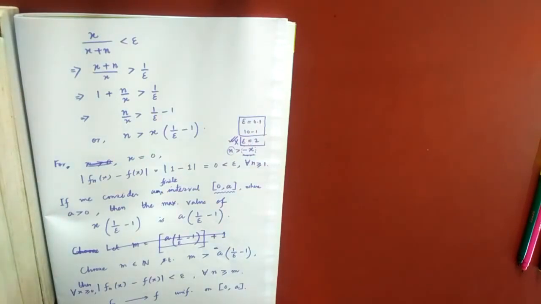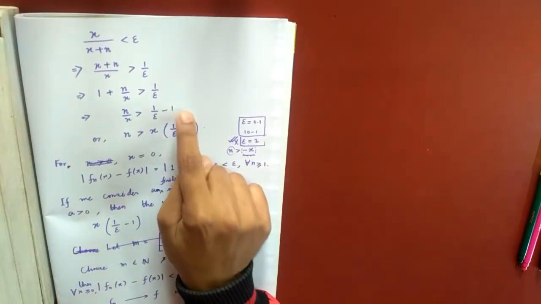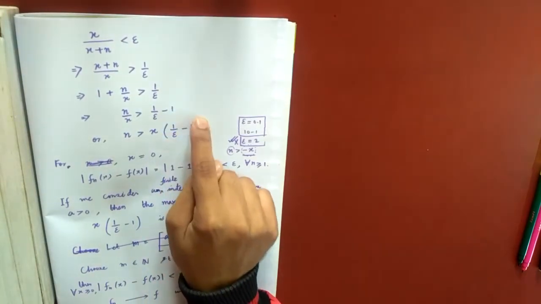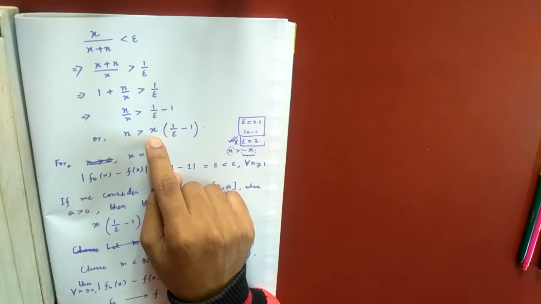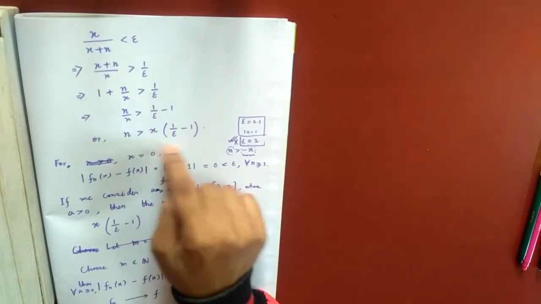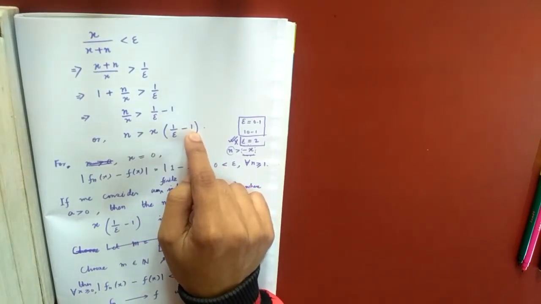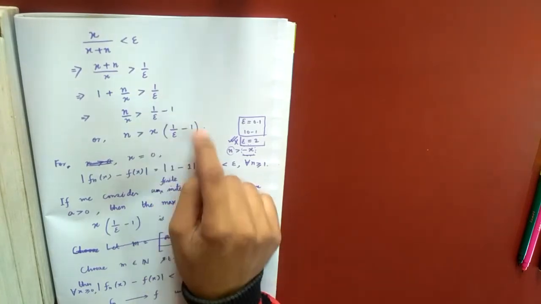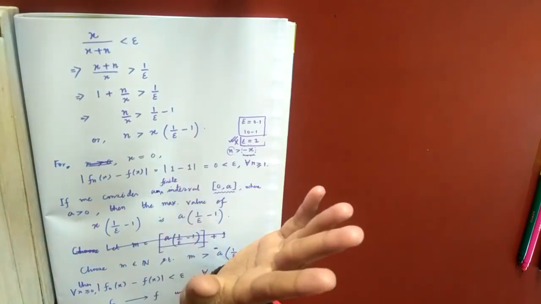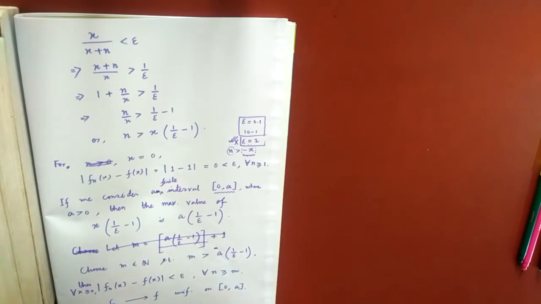That means epsilon is greater than 0 and less than 1. In that case, this number is positive. As x increases, this tends to infinity. So it is not possible to find a natural number more than infinity. So that is the reason this will not be uniformly convergent in an interval of infinite length.